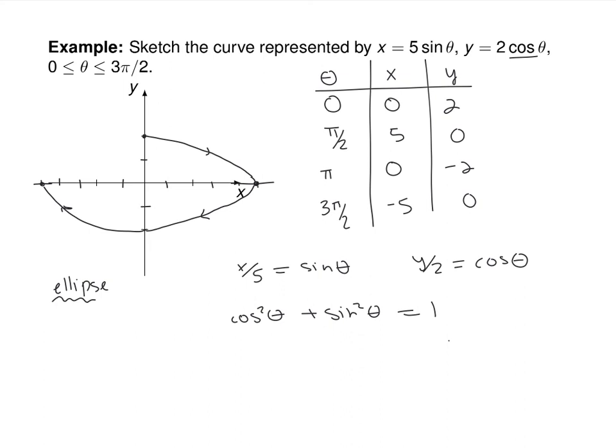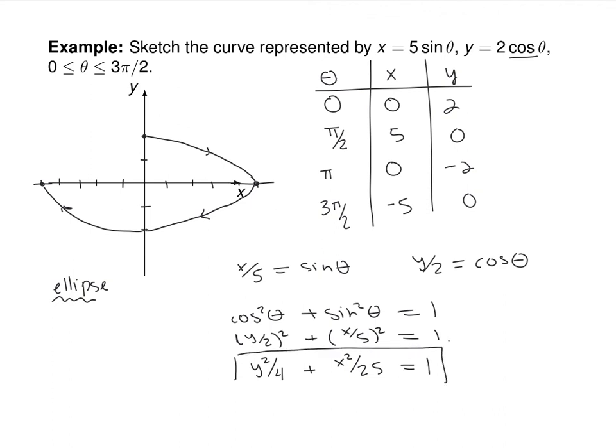You know cosine of theta is y over 2. So y over 2, the quantity squared, plus x over 5, the quantity squared, equals 1. And so that's y squared over 4 plus x squared over 25 equals 1. That's the Cartesian equation for this ellipse.